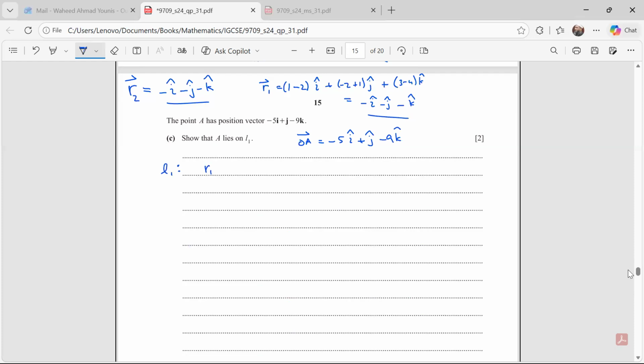L1 was r1, and this is equal to, I wrote it here, i minus 2j plus 3k, plus lambda times 2i minus j and plus 4k.